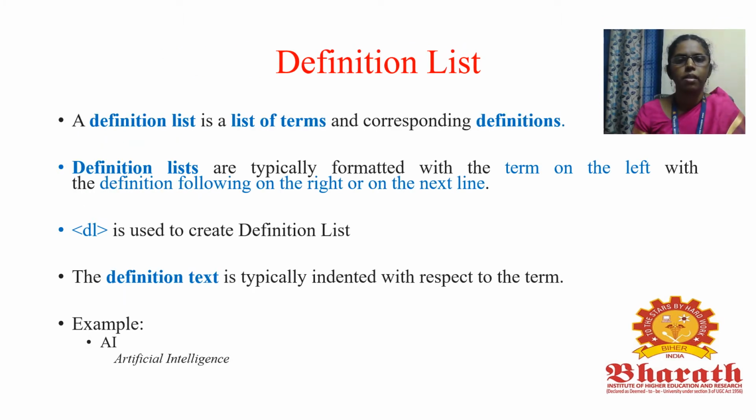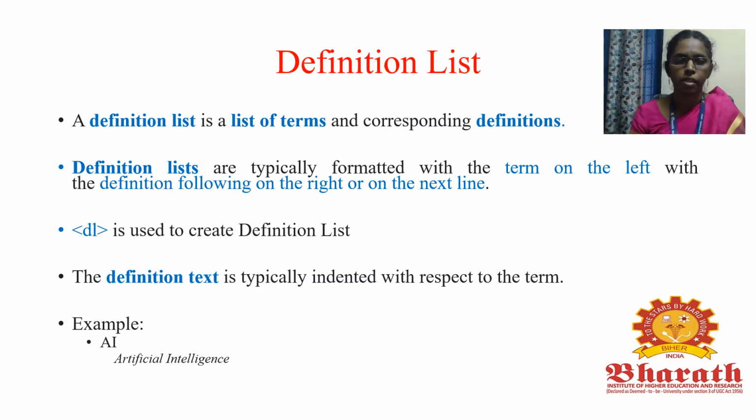The third type of list is the definition list. A definition list is a list of terms as well as the corresponding definitions. A definition list contains the definition term on the left side and the definition on the right side or on the next line.